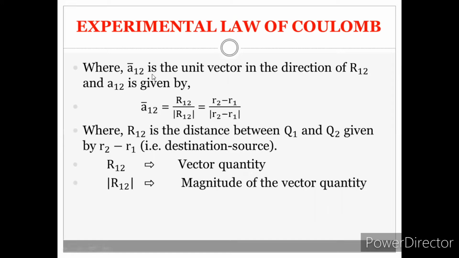This is a standard definition for the unit vector, where R12 is the distance between Q1 and Q2 given by R2 minus R1. That's the position of Q2 from the origin, and R1 is the position of Q1 from the origin. R12 is the vector quantity and modulus is the magnitude of that particular vector, and the unit vector is given by vector by magnitude. And this is the general definition of Coulomb's law represented in the form of vectors.